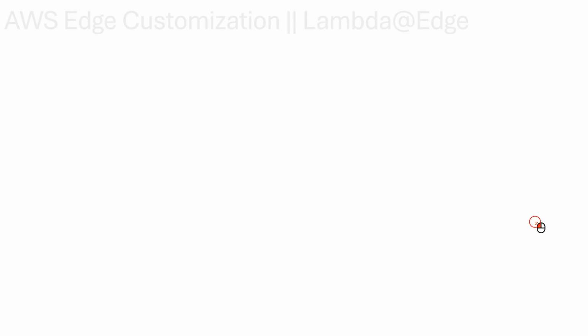Now I am moving to the next one, that is Lambda at Edge. We are in the Lambda session, so we are going through Lambda's features. Now we are discussing how Lambda is helpful in this edge customization, by using Lambda at Edge. The same picture I am showing you, just take a look.